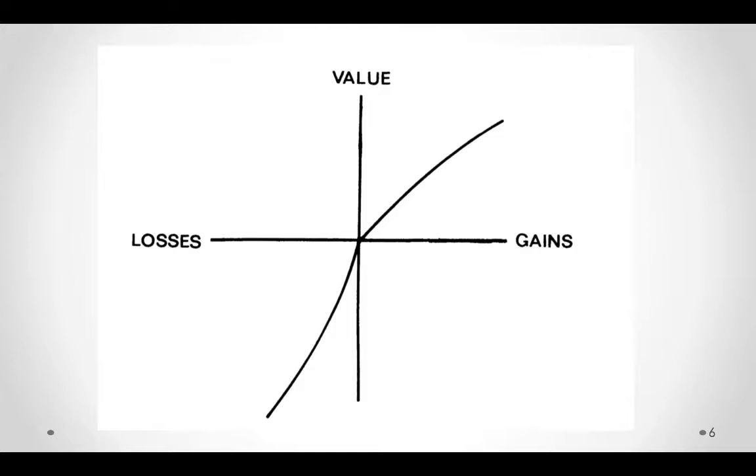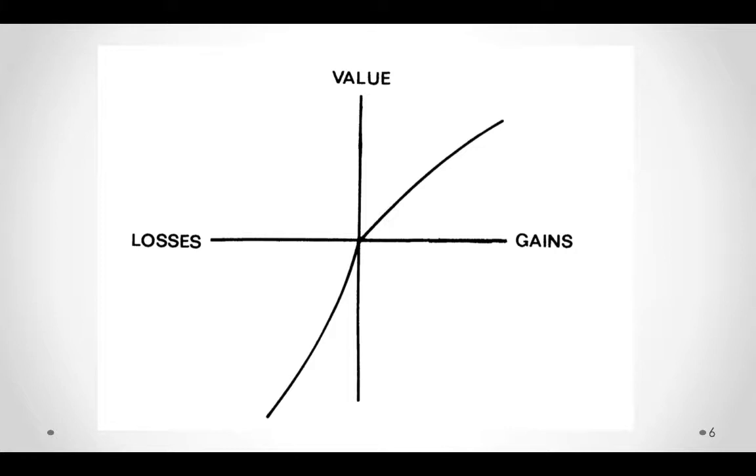First of all, the curve has a reference point at the origin, the 0 point of the curve. You see it in the middle where everything intersects. The second property of this curve is that as we move away from the origin, from the 0 point, the curve is characterized by diminishing sensitivity. That is, the curve flattens out, bending towards the horizontal axis as it gets further from the reference point.